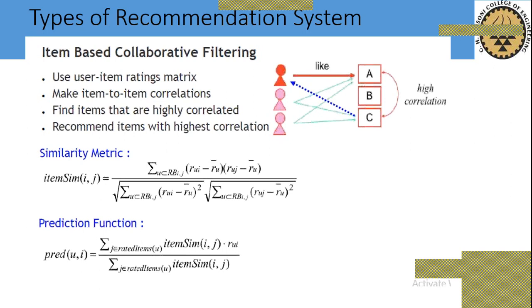So you have to find the user-item ratings. The second step is to make the item-to-item correlation. We are not making user-to-user correlation here; we are making the correlation between two items.